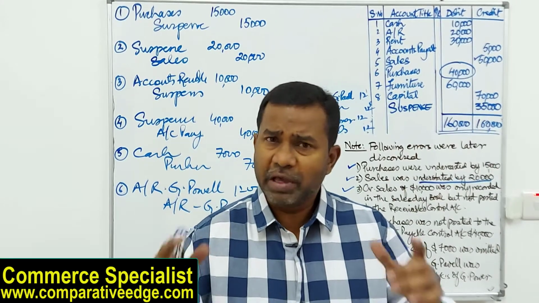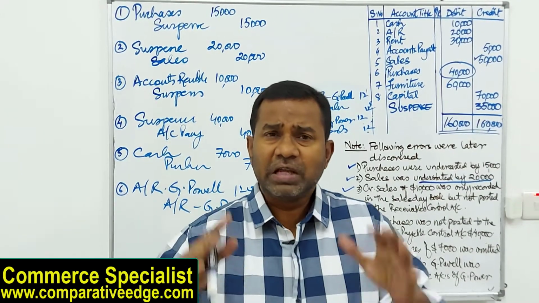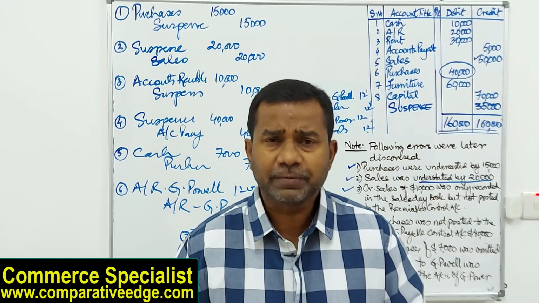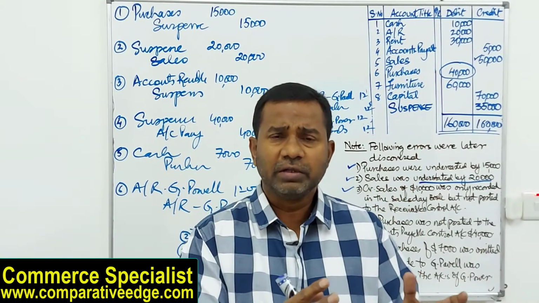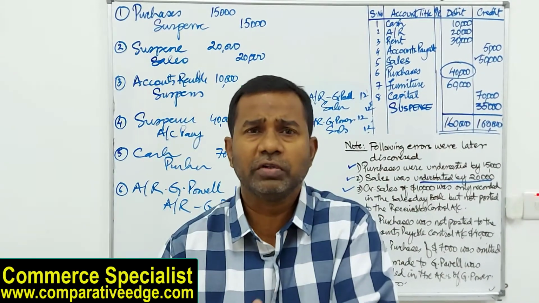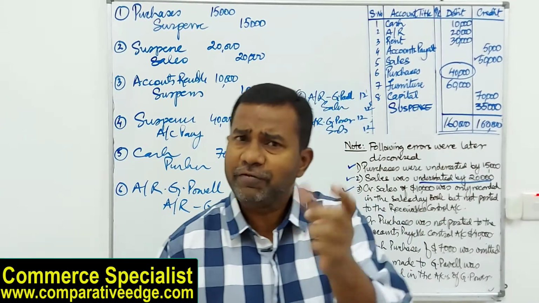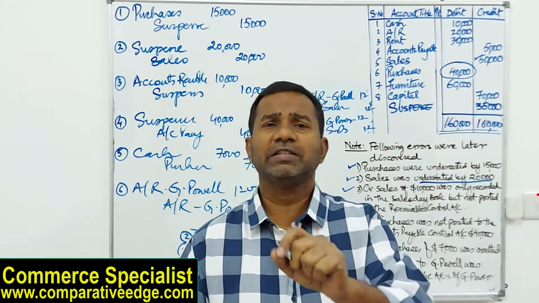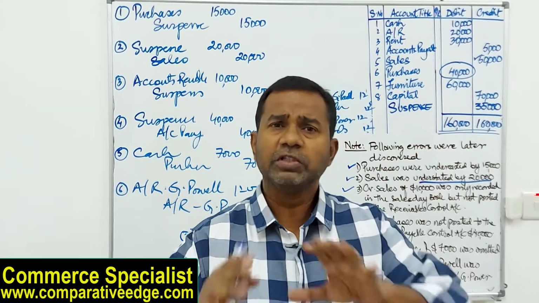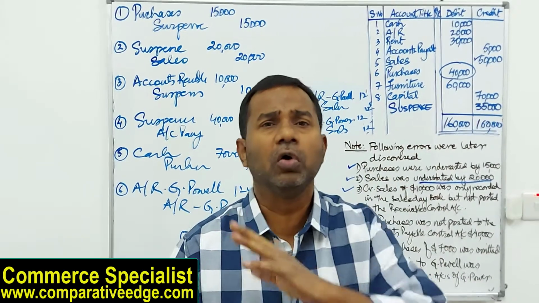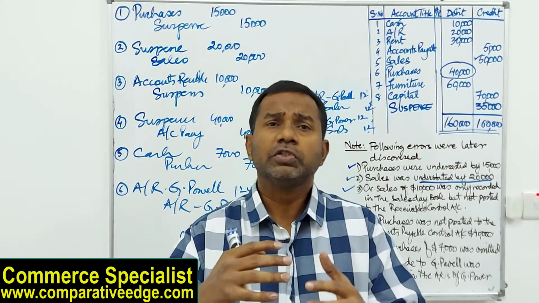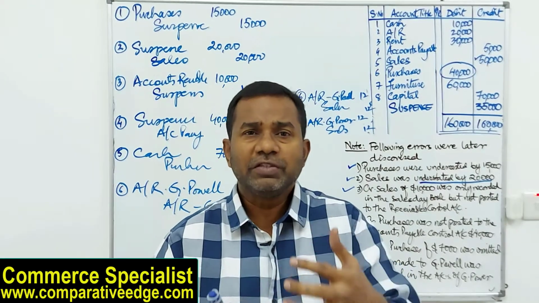What to do? Make sure you have tried your best. Still, if you cannot balance the trial balance, total the debit and the credit. Let's say the debit side is coming to 100,000 and the credit is 95,000. This 5,000 you cannot find. Just put it as a suspense on the lower side. Once you put it, the trial balance will be balanced. You go on.